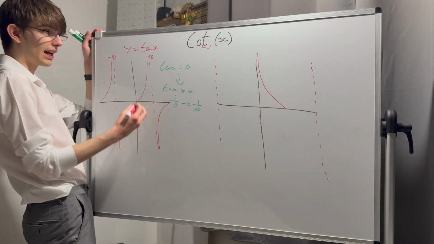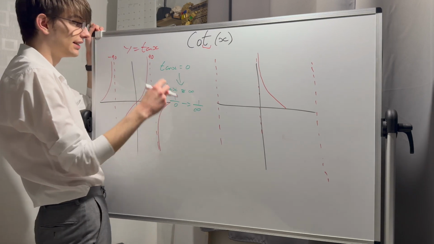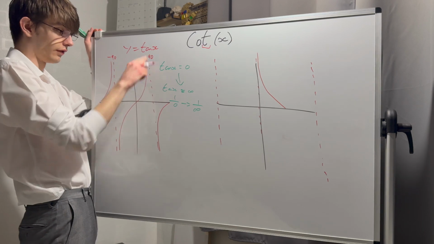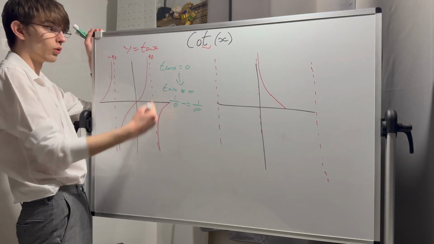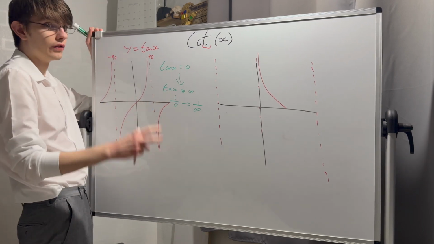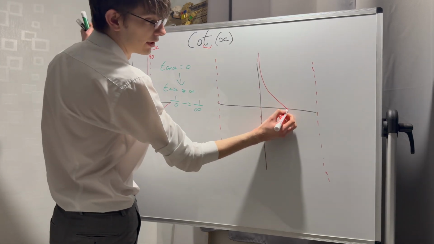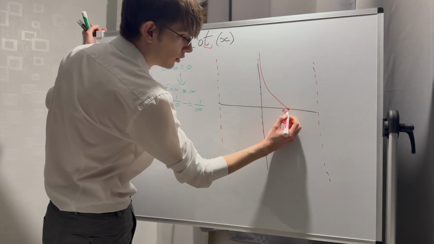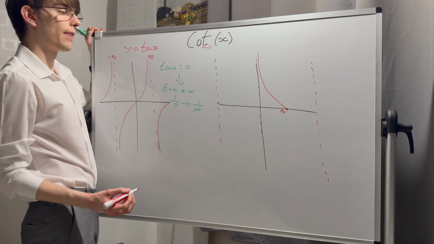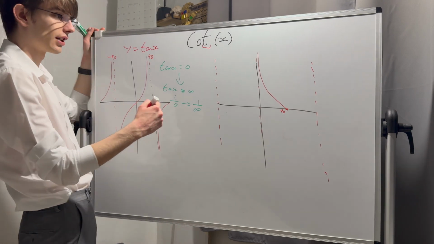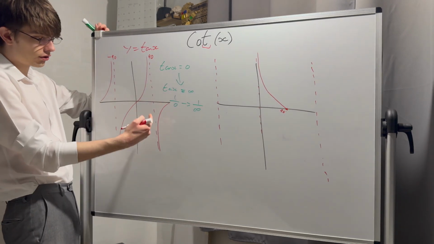What happens when we get to 90? Well, at 90, we are at exactly 1 over 0. We're at the old asymptote, which is 1 over infinity, because we never approach it, which is about 0. So I'm going to hit 0 at 90 degrees. And then you can probably see just from the shape what's going to happen, but let's apply the same logic. What happens after 90 degrees?